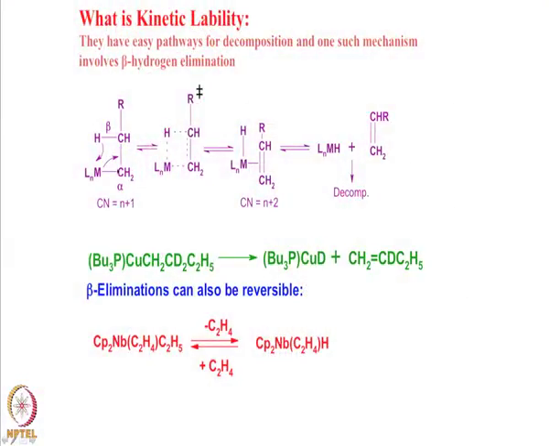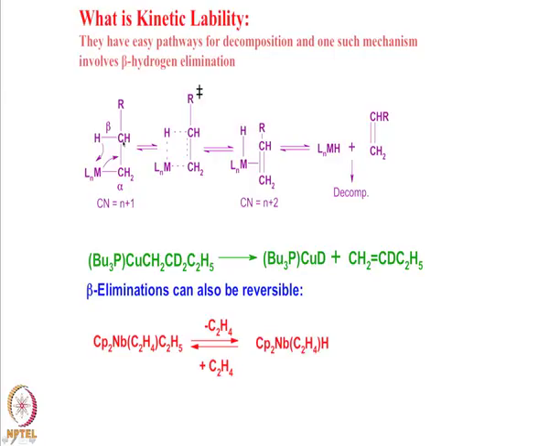If you look into the slide I have shown here, you can see we have an ethyl group on the metal. This ethyl group, or some organic group having beta hydrogen, can be written in this fashion.